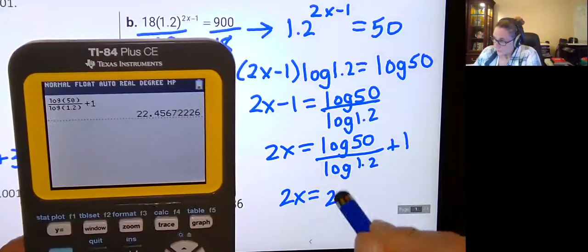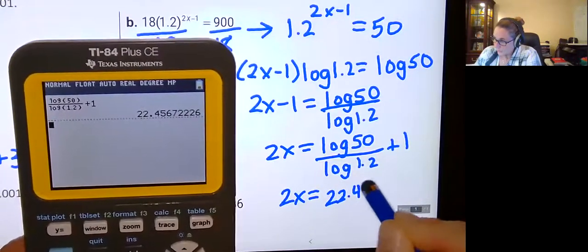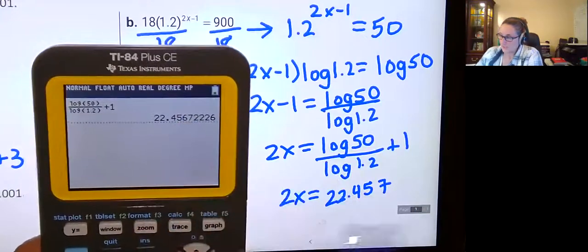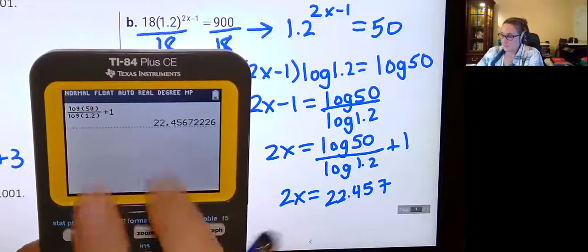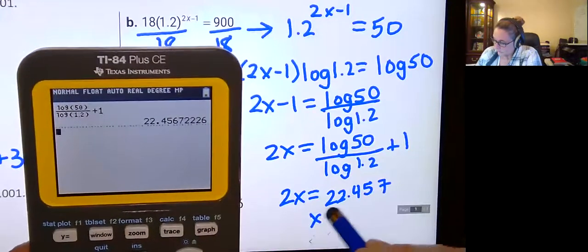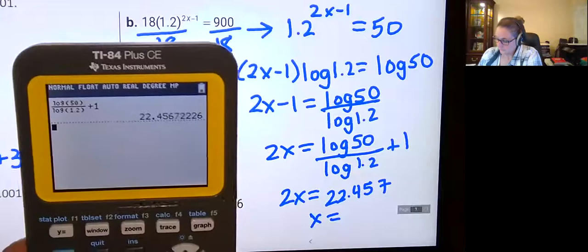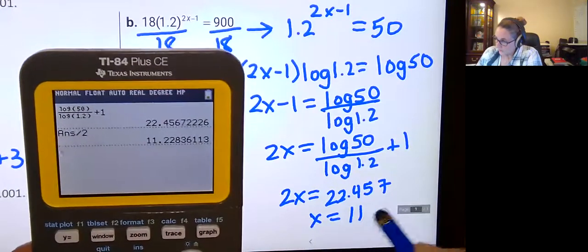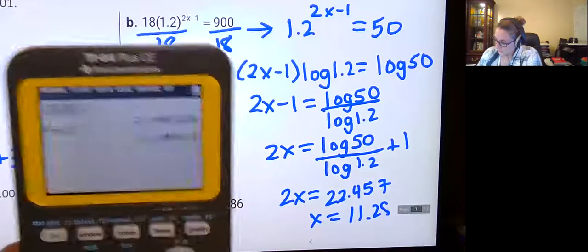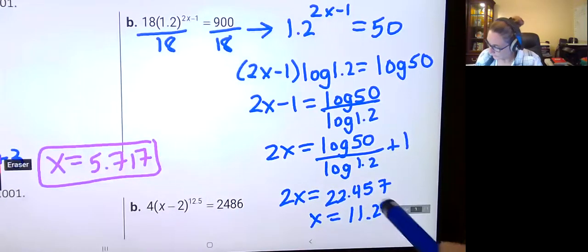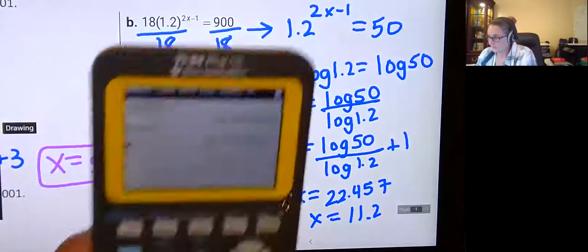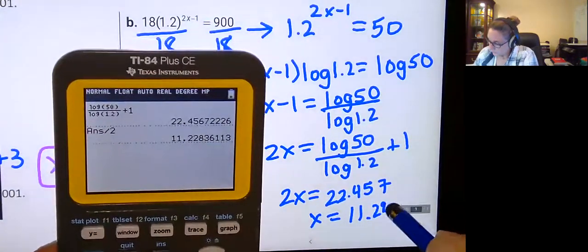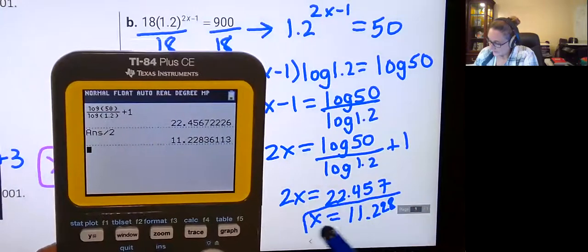And I get about a 22.457, if I round this up, but I'm going to keep it in my actual calculator. And then I'm going to divide by 2 now. And when I do, I get 11.228. And that's my answer.